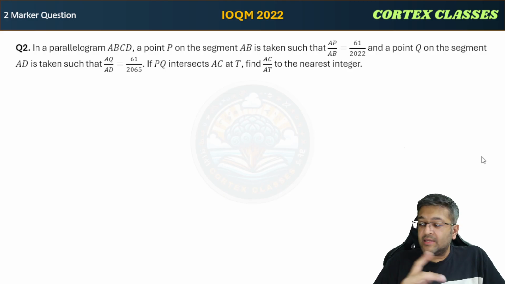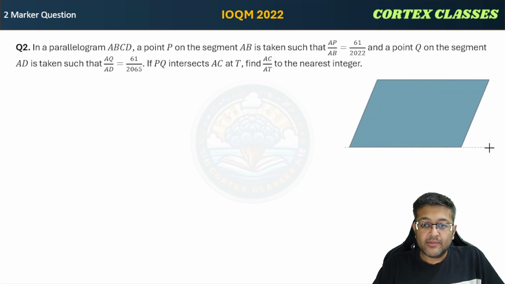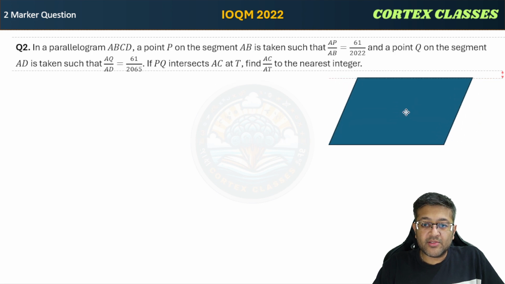So guys, let's read the question and draw the diagram. In a parallelogram ABCD, let's draw the parallelogram. Just a second, let me find the shape of the parallelogram. Something of this sort.